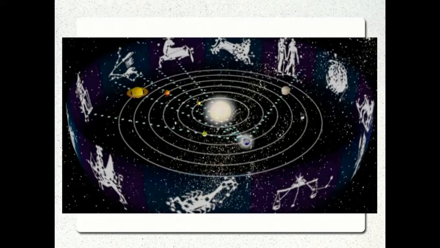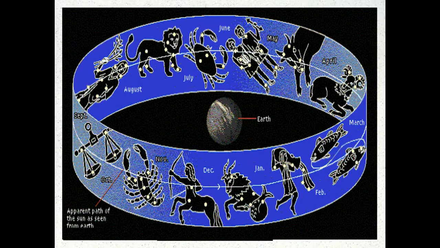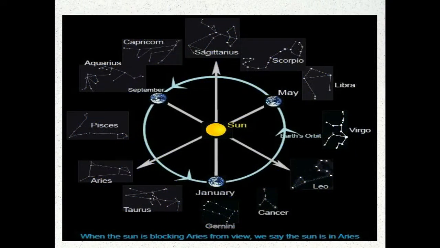On this representation, I think it's Jupiter is in Gemini or something like that. I don't really ascribe to astrology, but I do understand the concept. I do, minimally, but even minimally, I can understand that as the sun, see, when the sun is blocking Aries from our view, we say the sun is in Aries. I've heard of that. There's a song about it.